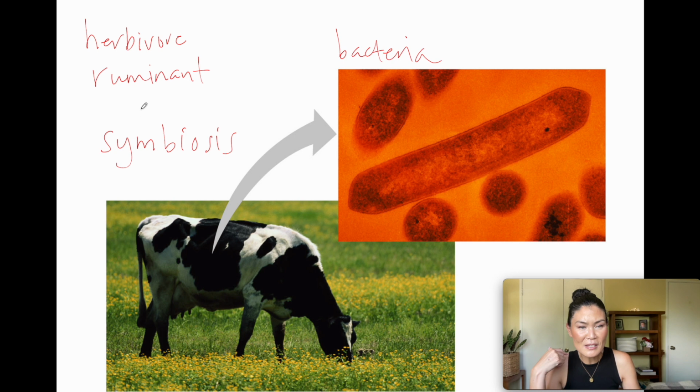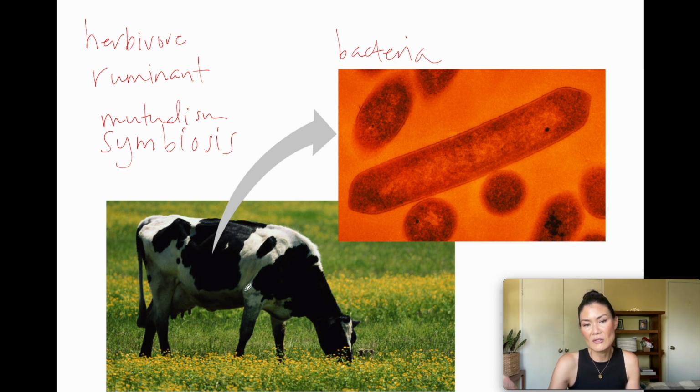And actually, because they mutually benefit from this relationship, it's called mutualism, okay, mutualism or symbiosis, where the bacteria is given a home, a place to live within the cow, and then the bacteria is breaking down the grass so that the cow can also get nutrients. So it's a very close relationship where they mutually benefit.